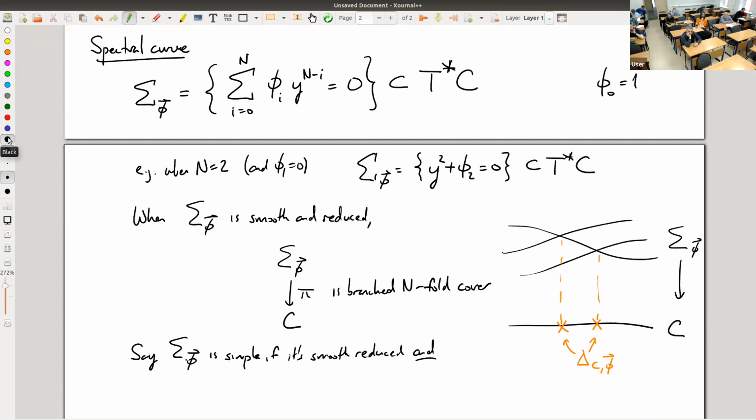Sorry, maybe it's easy, but I don't understand. In sigma phi we have y's as unknowns, but phi's are fixed already, yes or not? And why are we in cotangent space? What do we do with a cotangent vector? I mean, this is an equation.